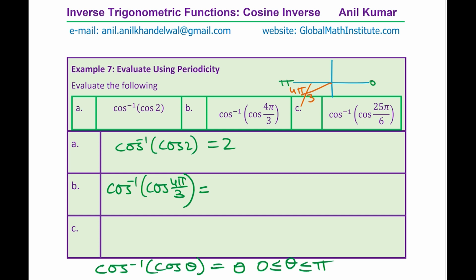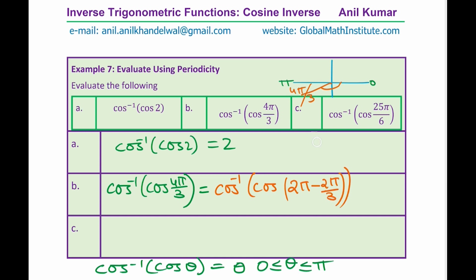So we are out of this interval. We can write this angle as what? Well, we could write this as cos inverse of cos of what? 2 pi minus this angle, correct? And how much is that? That is 2 pi by 3.